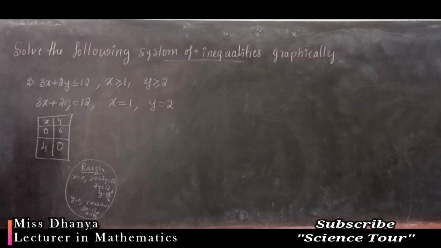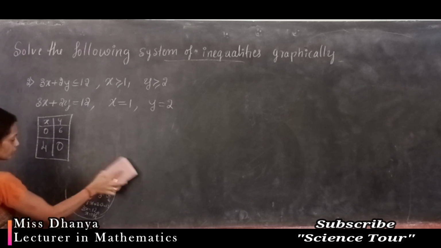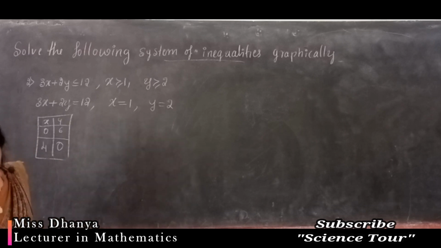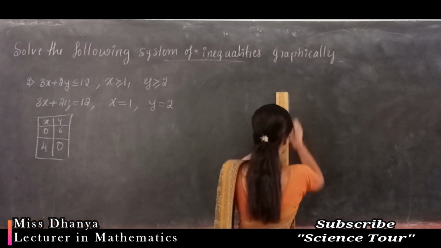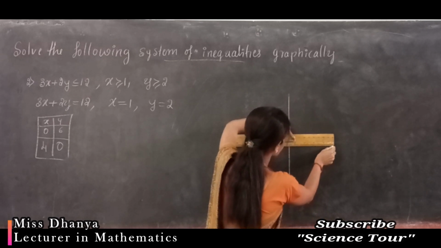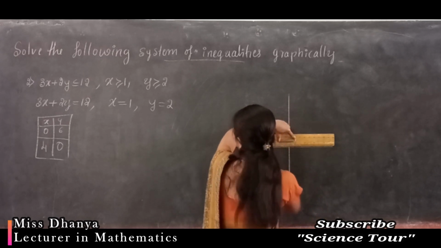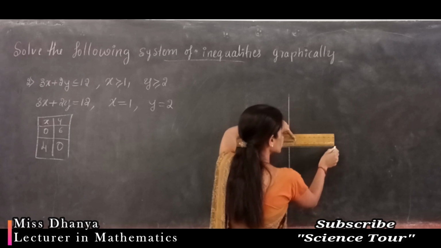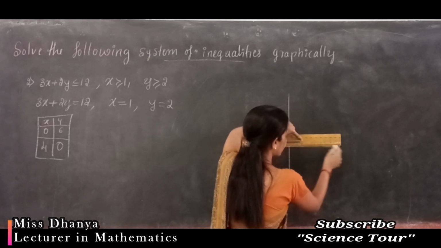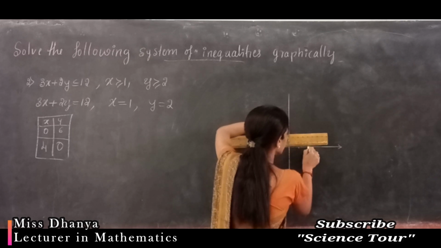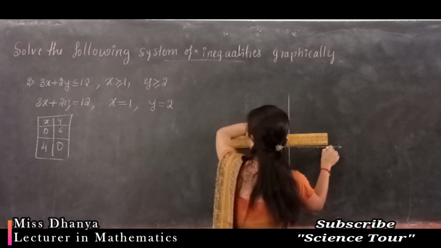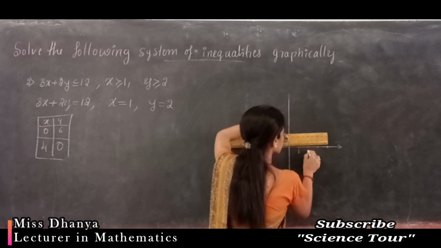So these 2 points we mark first in the Cartesian plane. Okay. So draw the Cartesian plane with x axis and y axis. And you have to mark points at equal distances on both axes. Okay, 1, 2, 3, 4, up to 4 is enough on the x-axis.